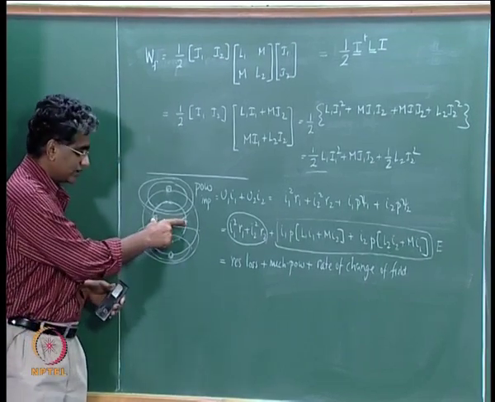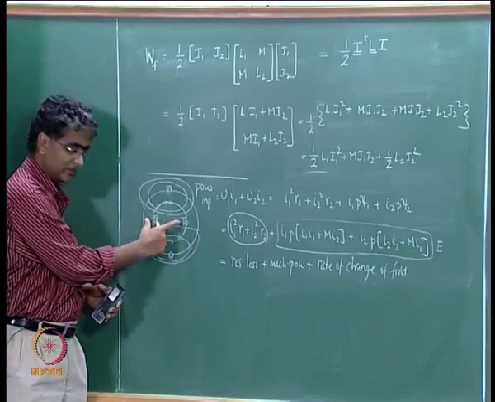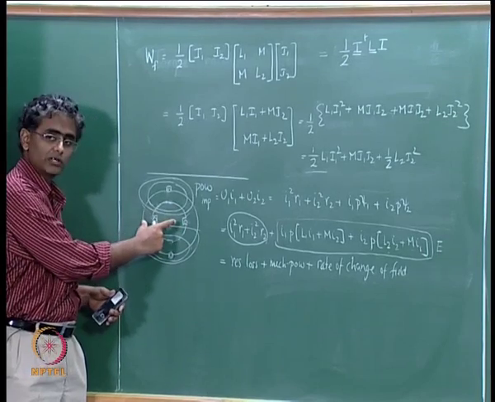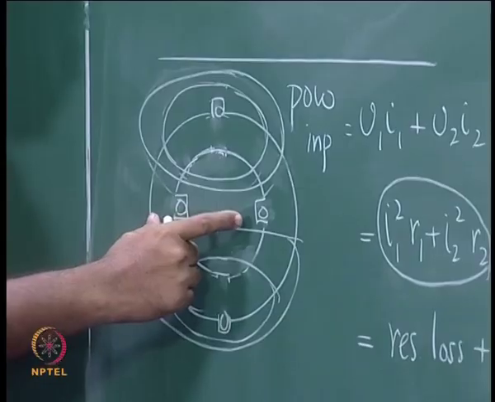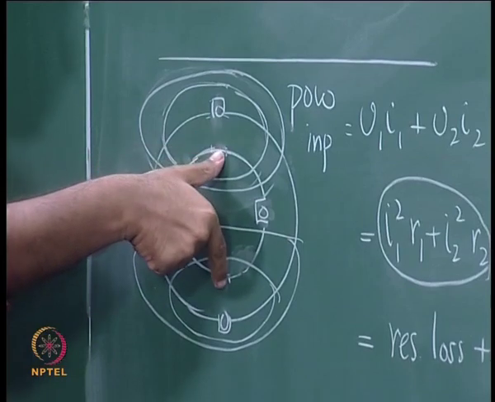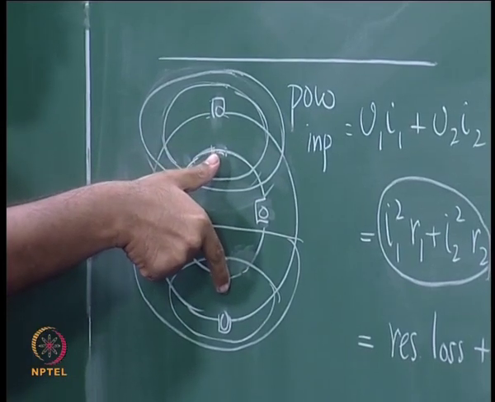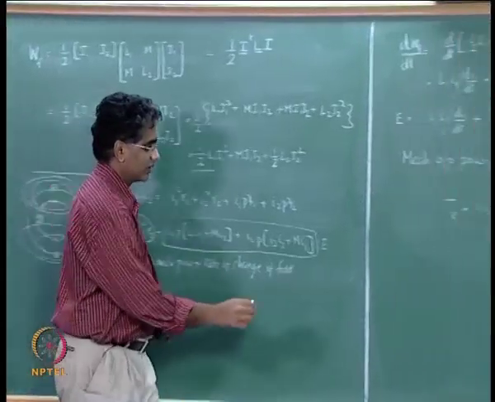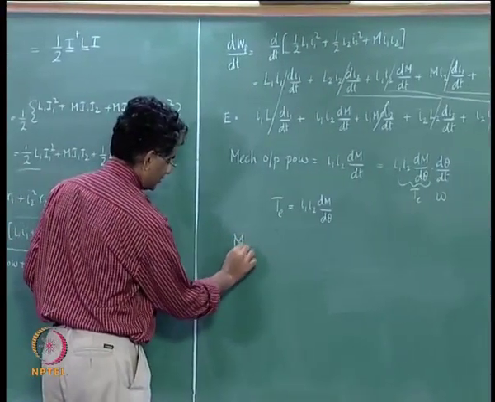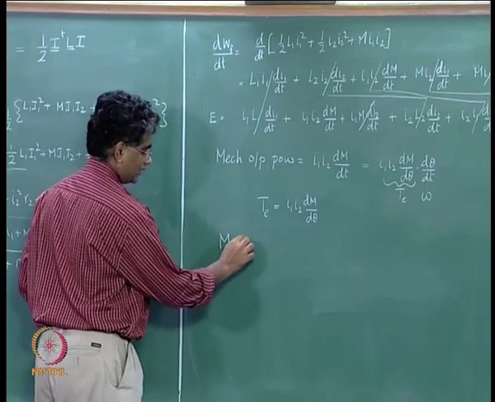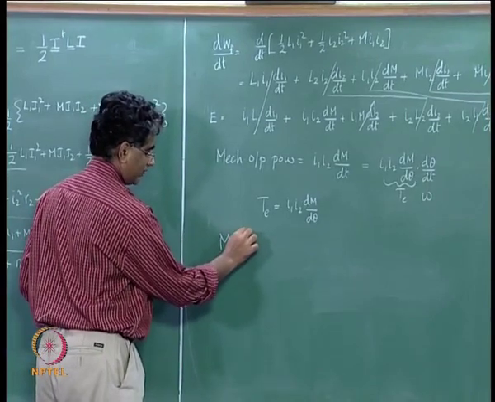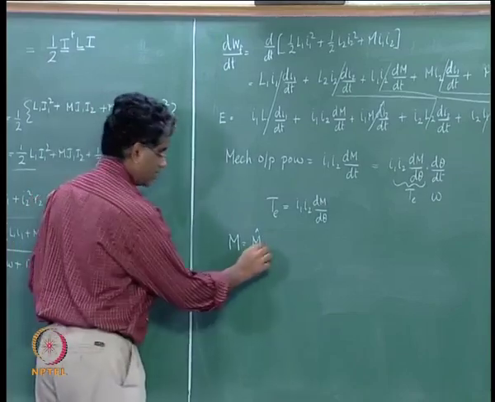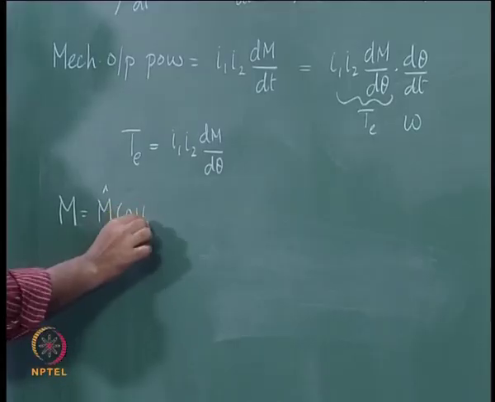You know that in this location of the rotor, as is shown here, the M is equal to 0, mutual inductance is 0, and if the rotor is going to be here, mutual inductance is highest. Now in between the two, mutual inductance will vary as some maximum value m hat multiplied by cos of the rotor angle.